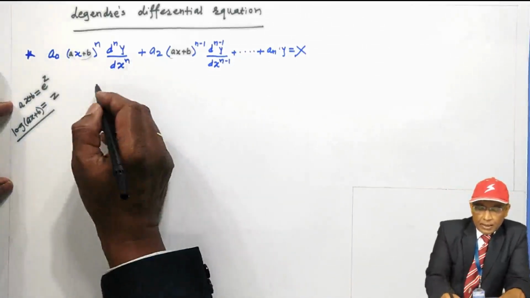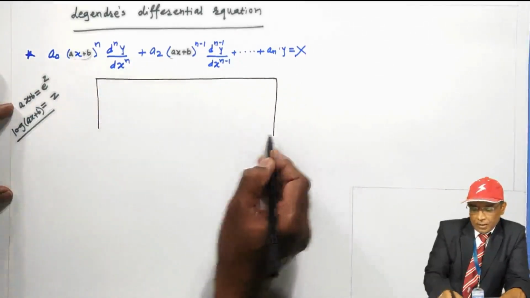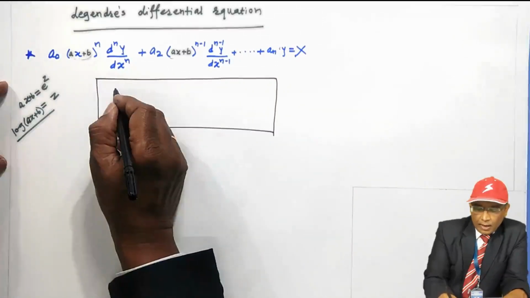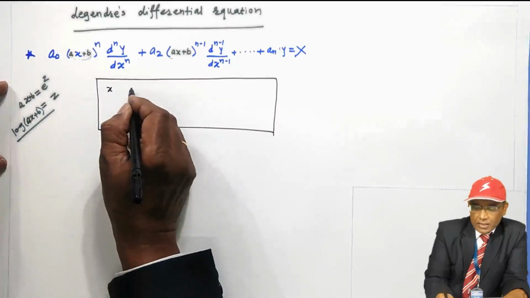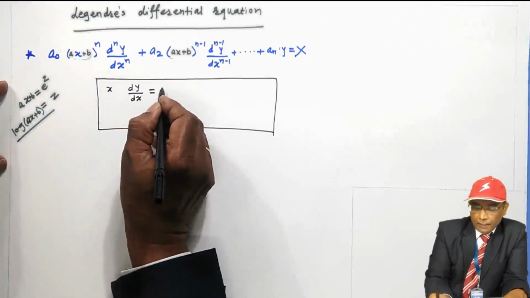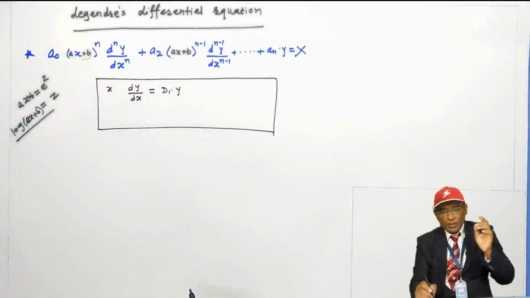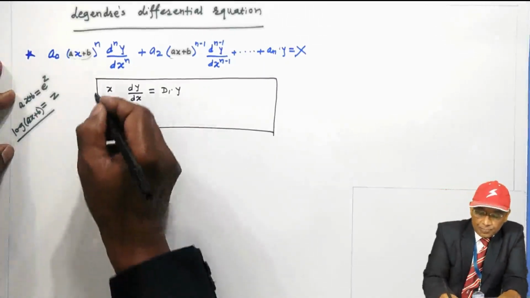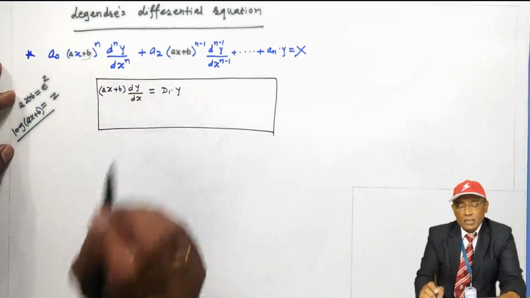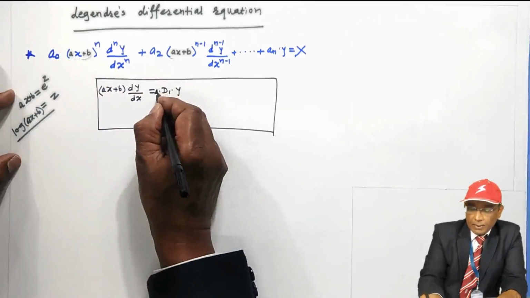And one more thing here, and that is important. See, in Cauchy's differential equation, x dy by dx was replaced by what? d1y. d1 is the derivative with respect to z. In Legendre's equation, (ax plus b) dy by dx is replaced by a multiplied by d1y.